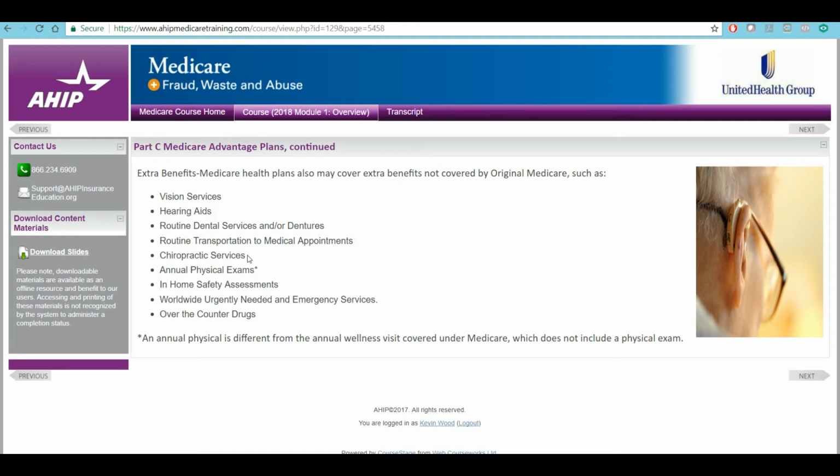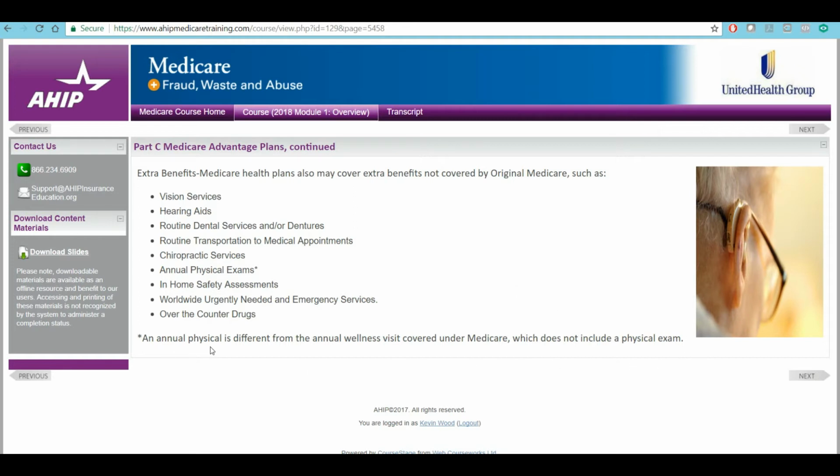Chiropractic services have been introduced. They're only a $20 copay for your client to go to the chiropractor. Annual physical exams, in-home safety assessments, worldwide urgent need and emergency services, or over-the-counter drugs are all added benefits that are not with original A and B Medicare, but only with Part C Medicare or Medicare Advantage plans.